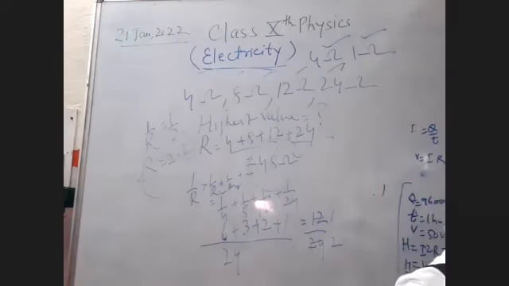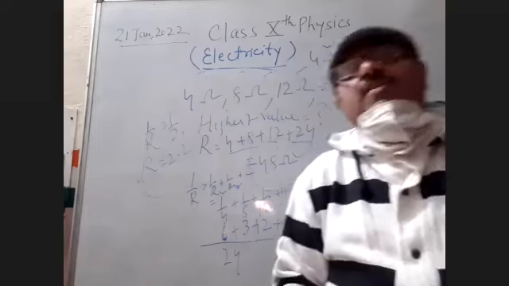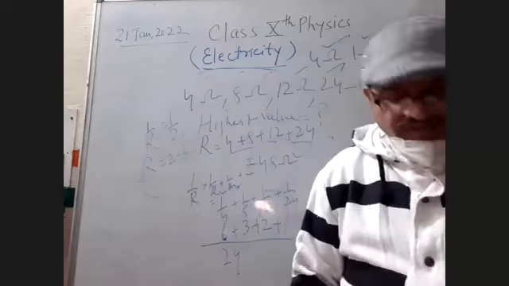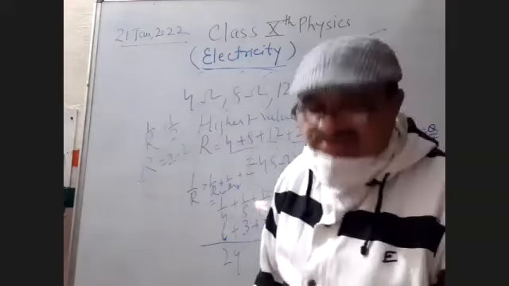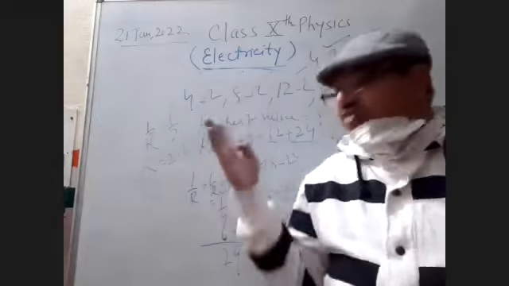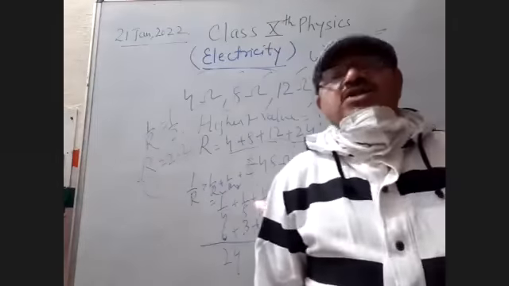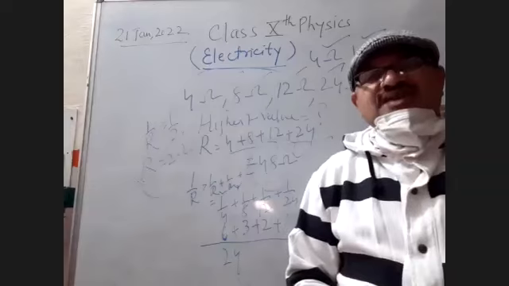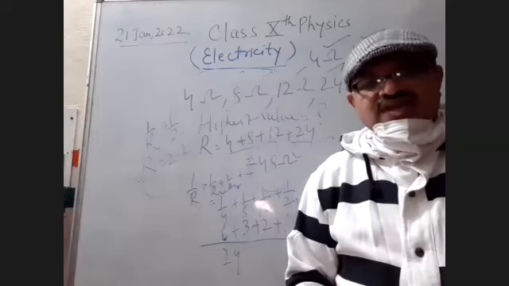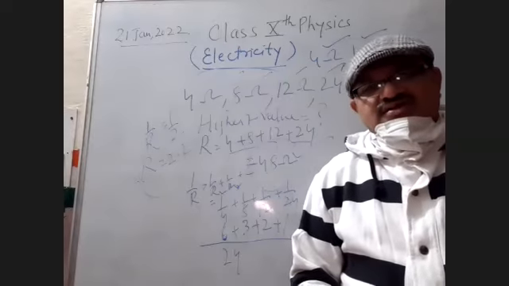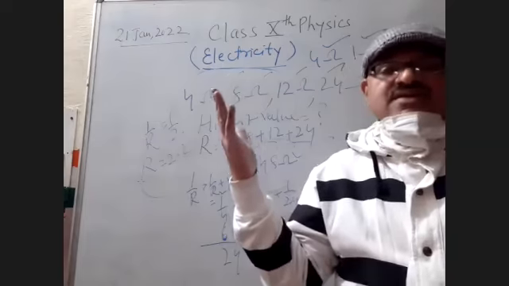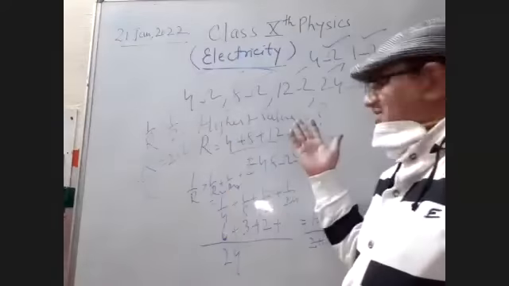Now student, what we have calculated and obtained: if all the 4 resistances, 4 ohm, 8 ohm, 12 ohm, 24 ohm, are connected in series, they will have the highest value, that is 48 ohm.